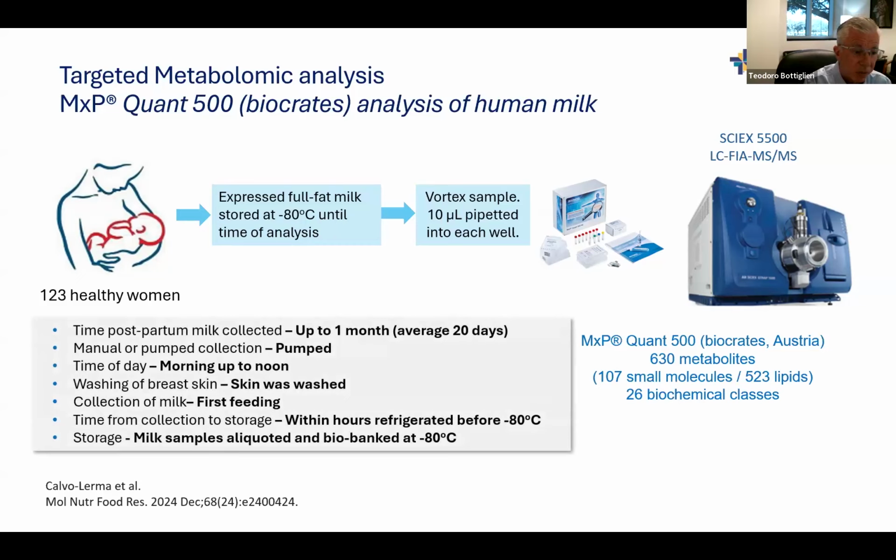The milk was taken from mothers up to 1 month postpartum, with an average of 20 days. It was pumped, taken every time in the morning up to noon, the skin was washed, and this was a first feeding collection. The milk was stored at -80 degrees until analysis, biobagged in Spain, and sent to our laboratory here in Dallas, Texas.